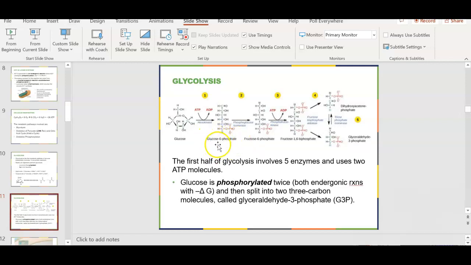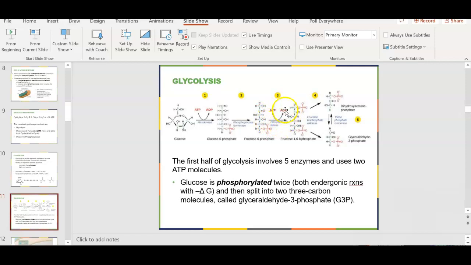Then glucose 6-phosphate gets rearranged a bit by an enzyme called an isomerase. So isomers are just different forms of the same molecule, just rearranged. So here we have fructose 6-phosphate. We didn't lose anything, we didn't gain anything, we're just rearranged. And then in step 3, notice we have ATP coming in again.